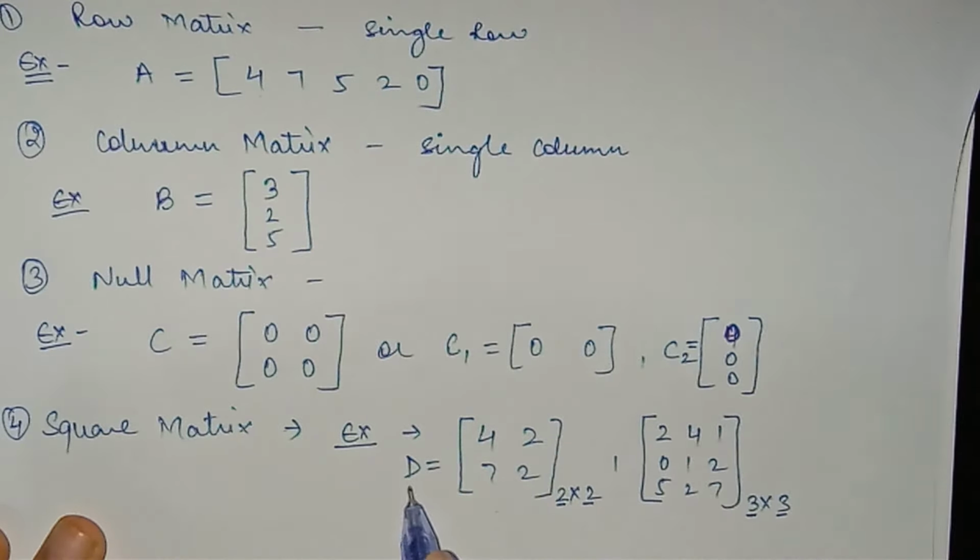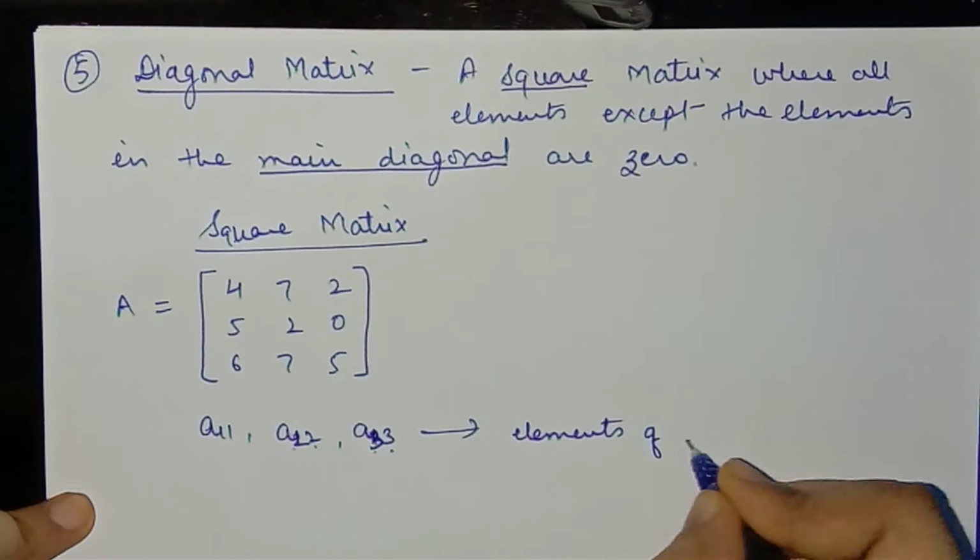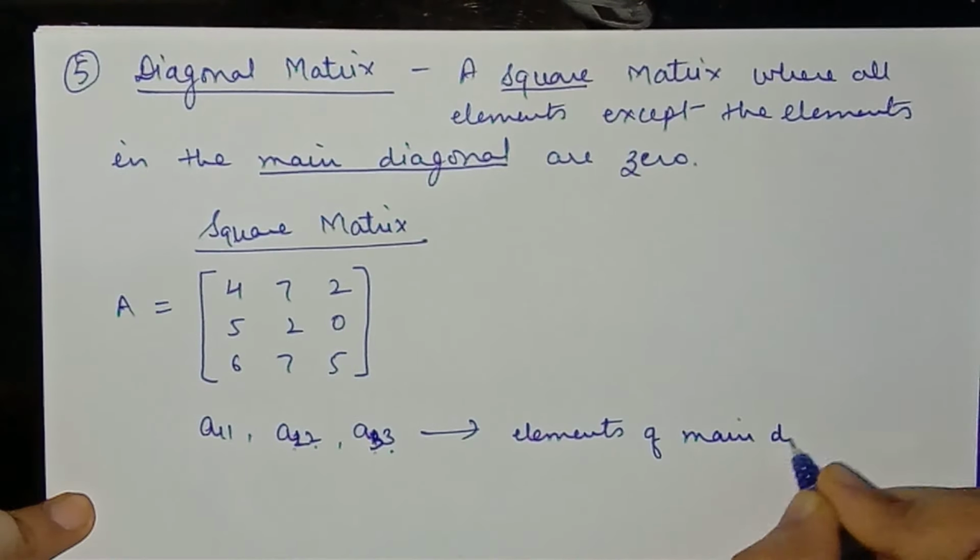It means the elements A11, A22, A33, that is, first row first column, second row second column, and third row third column, are the elements of the main diagonal.